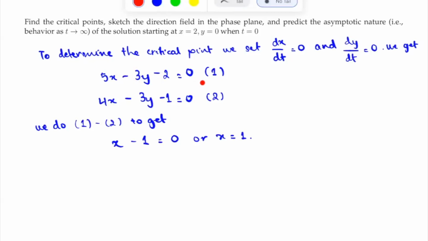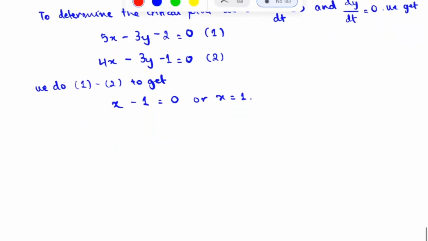So I'm using the elimination method. Right? So I get equation 1 subtract equation 2. I get 5x minus 4x, I get x, and negative 3y minus negative 3y becomes 0. And then negative 2 minus negative 1, I get negative 1. Or x is equal to 1. Now I back substitute x equal to 1 into equation 1.